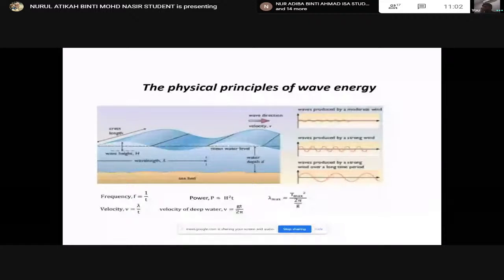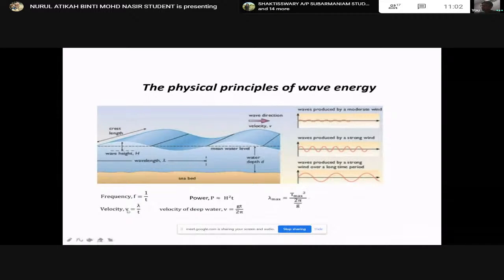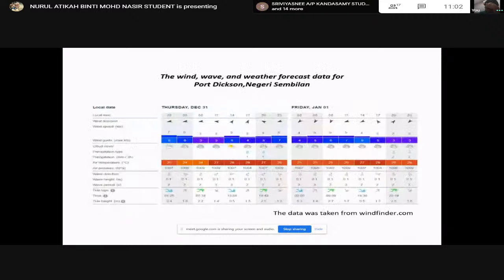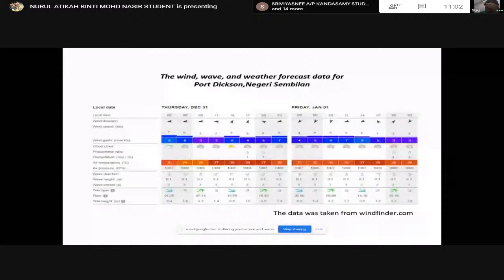Okay, this is the principle of the wave energy that we use in our study, to find the frequency, velocity, flow velocity of the water, and movement. This table shows an example of the wave data which we got from windfinder.com.